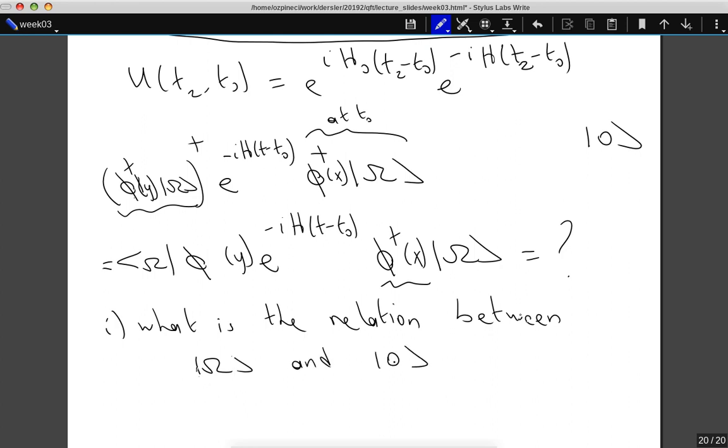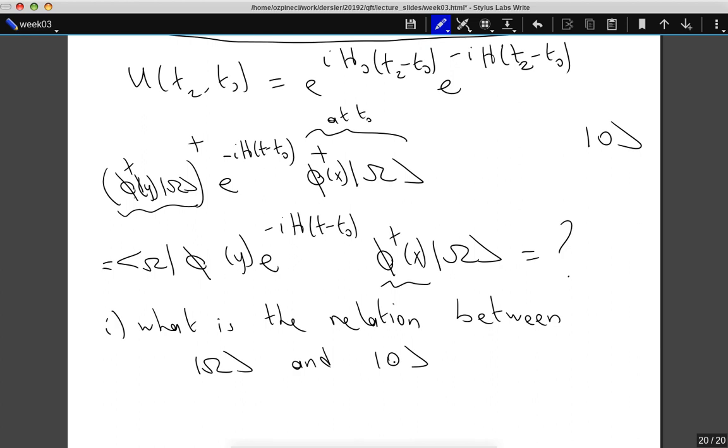I would like to be able to write one in terms of the other one. Why? Because I know the properties of 0. I know the no particle state. I know how my operators act on it. I don't know what this omega is. So if I can express omega in terms of 0, then that would be great.